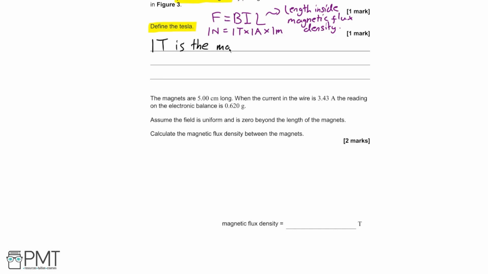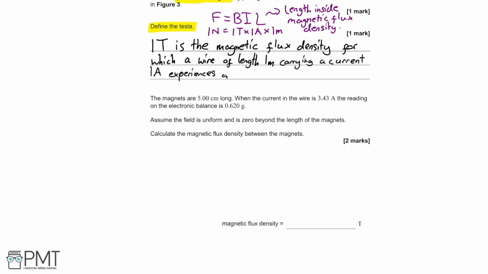So our definition of the Tesla is the magnetic flux density for which a wire of length 1 meter carrying a current of 1 amp experiences a force of 1 Newton when the current is perpendicular to the field.